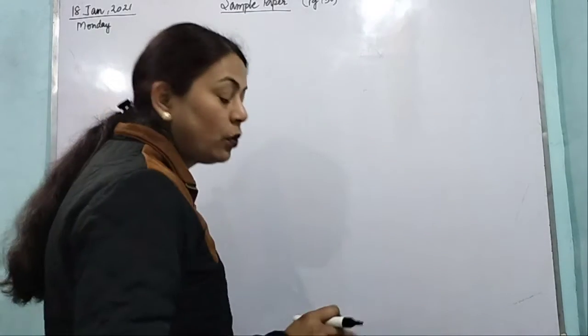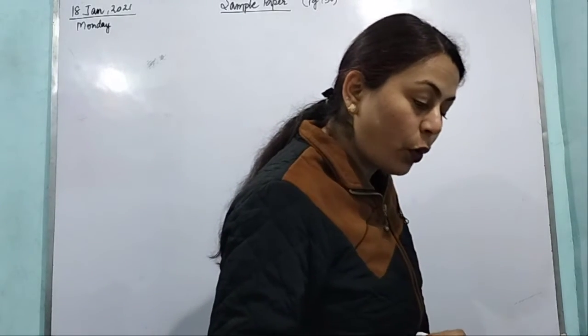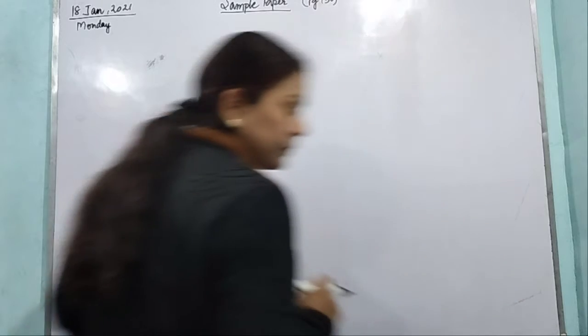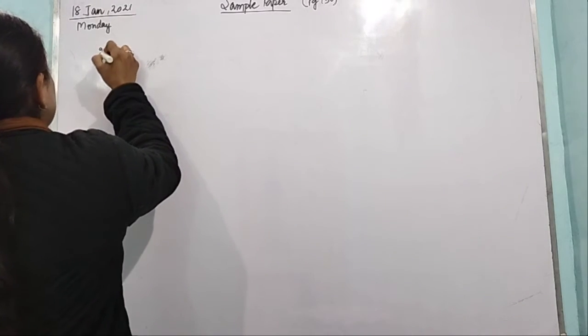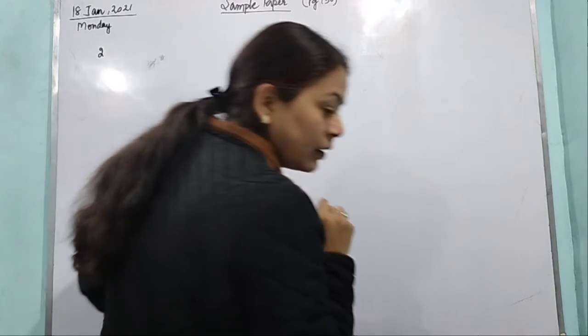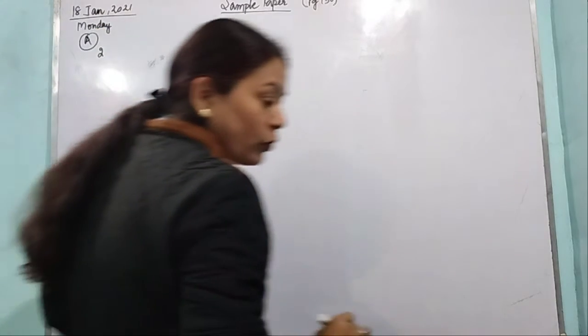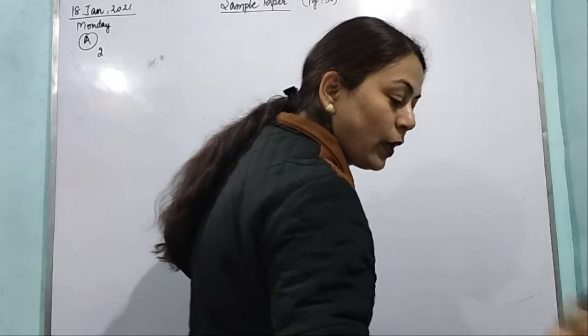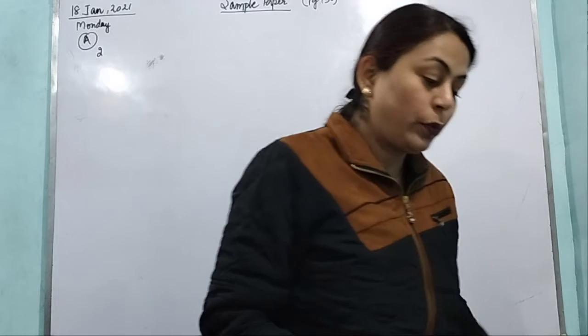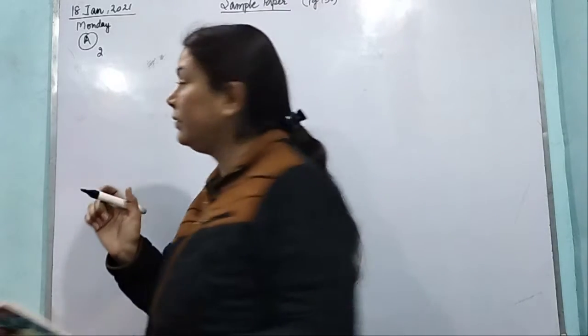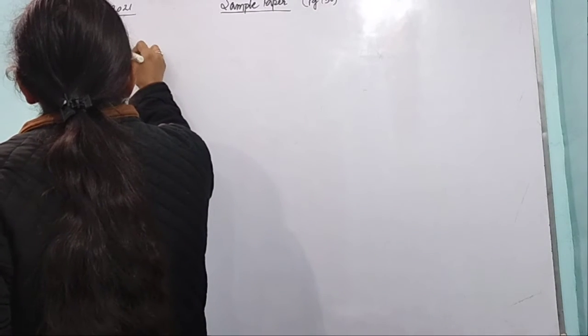You are on a train and you want to sit down. So the second one is part A. So what will you say? You are on a train and you want to sit down. So you will ask, may I have a seat here? Or may I sit here?